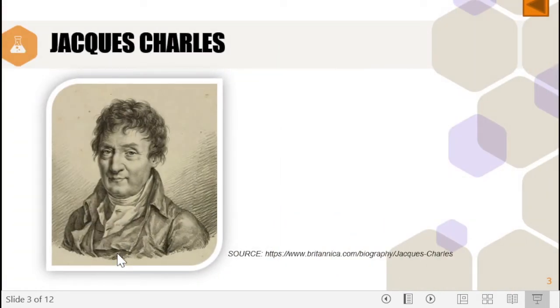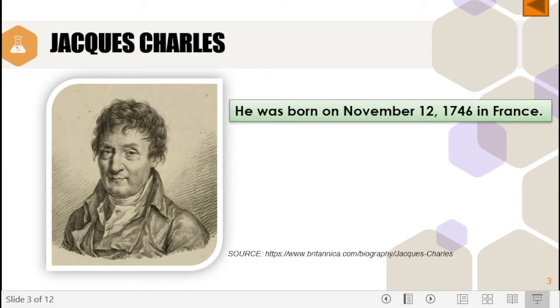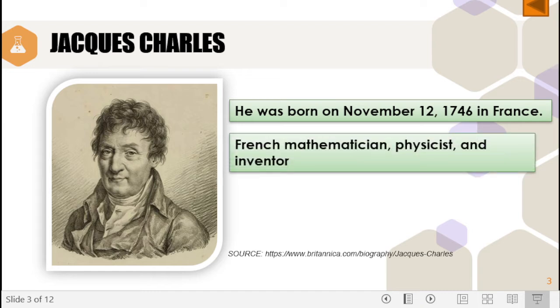Who is the scientist behind Charles' Law? He is none other than Jacques Charles. He was born on November 12, 1746 in France. He is considered to be a French mathematician, a physicist, and an inventor.